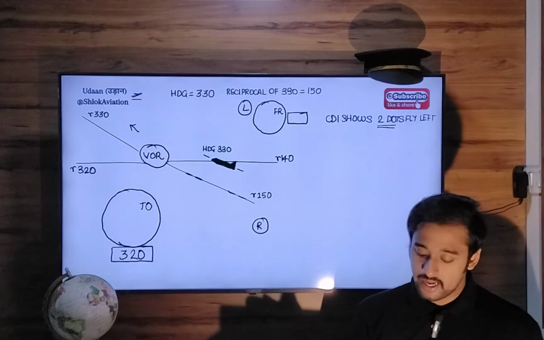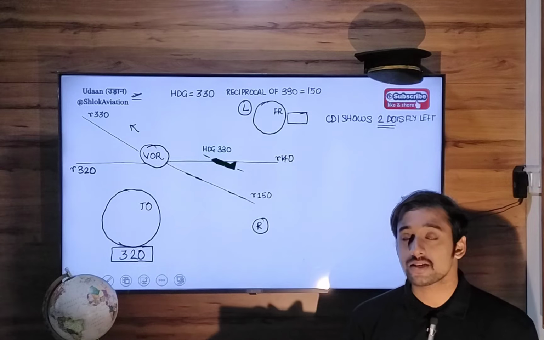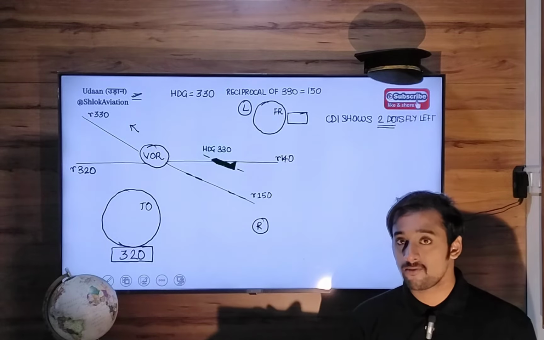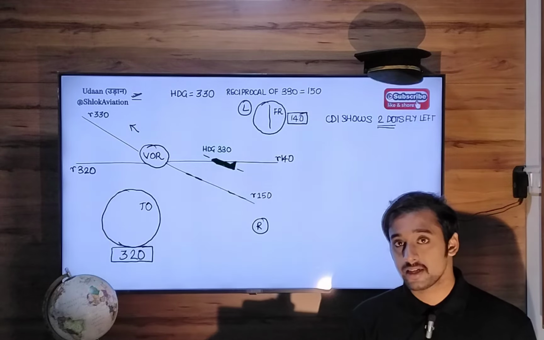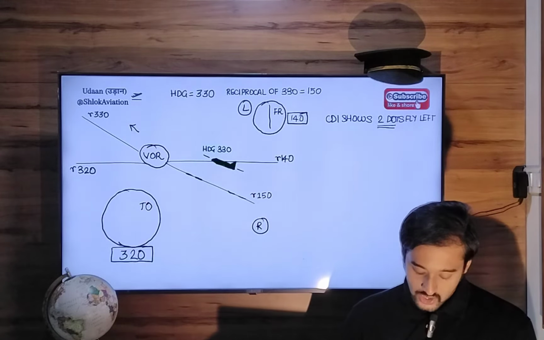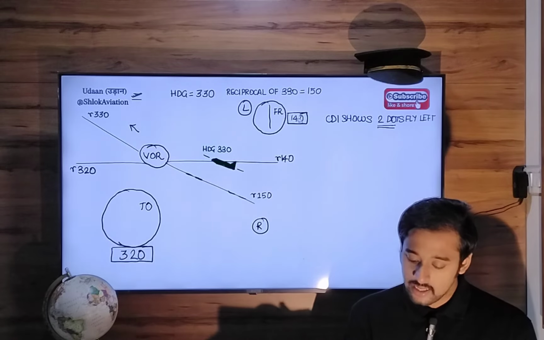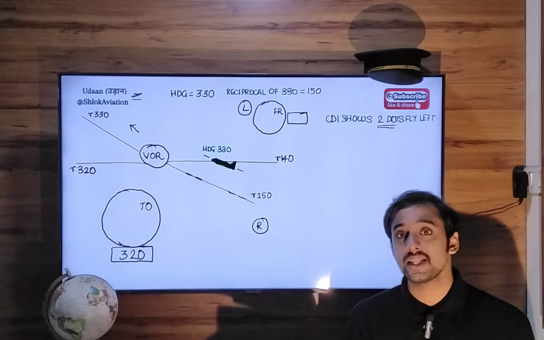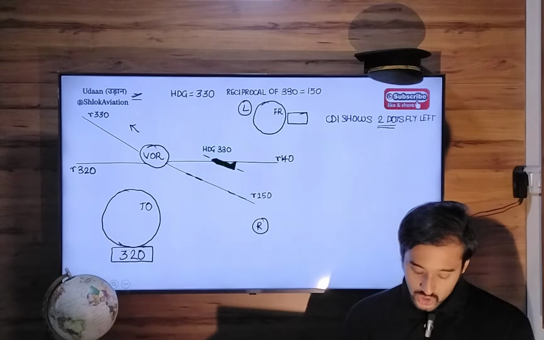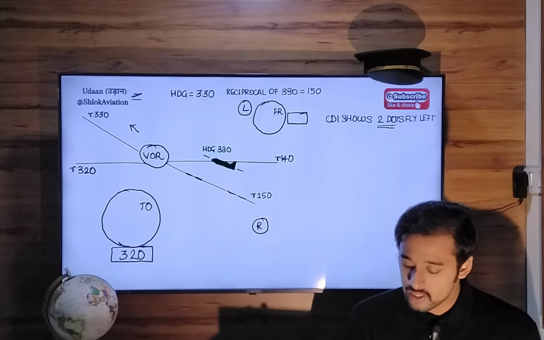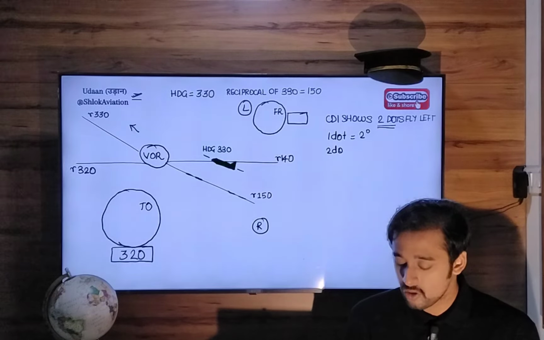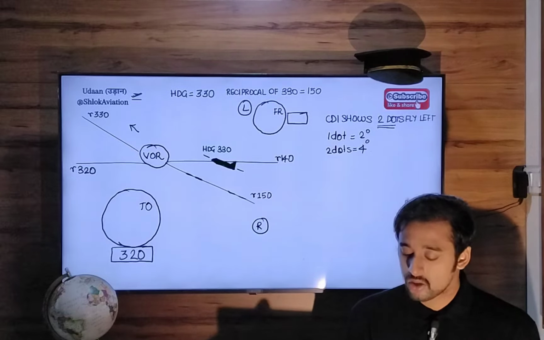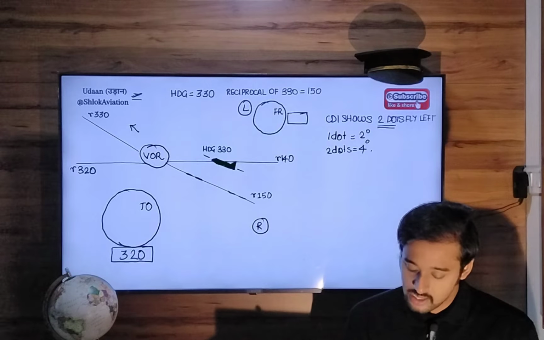So the aircraft is on radial 140, but the pilot has put another OBS radial instead of 140. If he had put 140, the radial would have been in the center, but the CDI needle has gone to the left hand side, indicating that the pilot has put a radial which is less than 140. So two dots left means what? One dot is 2 degrees, so two dots will be equal to 4 degrees.